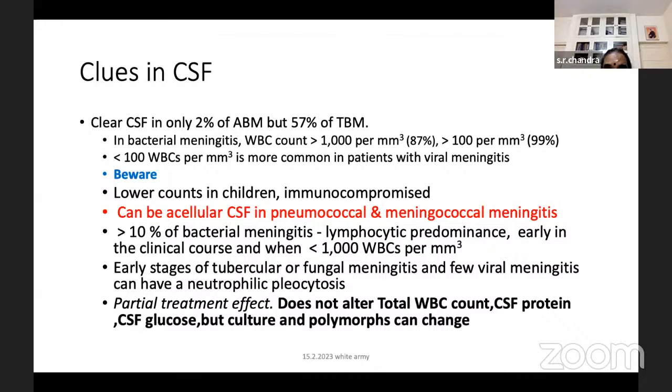It does not alter the proteins or the sugars, but it will alter the culture and polymorphic response. So the total count does not change, but the polymorphs might become lymphocytes. CSF protein and sugar do not change, and culture might become negative. So partial treatment alters the culture and alters the type of white cells in the CSF.